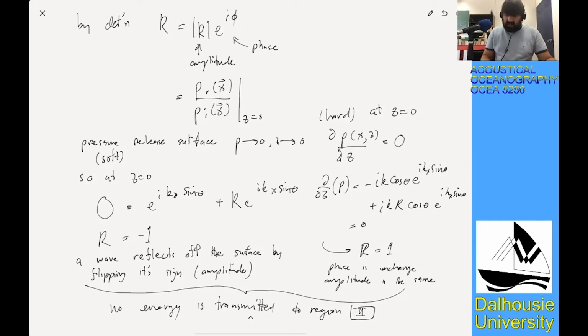Now let's imagine something in between hard and soft. We're going to call this a fluid-fluid interface. And just for imagination's sake, that soft interface from before is like a fluid-air or a fluid-vacuum interface.